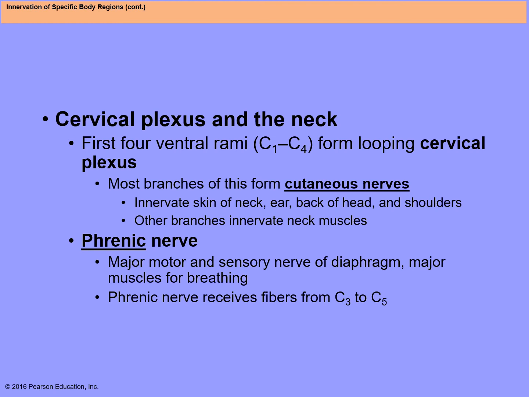You've got to have a way to send the nerve impulse down. The phrenic nerve is a major nerve that is innervating or stimulating the diaphragm, which is necessary for you to breathe. So whenever you hear phrenic nerve, think diaphragm, breathing.